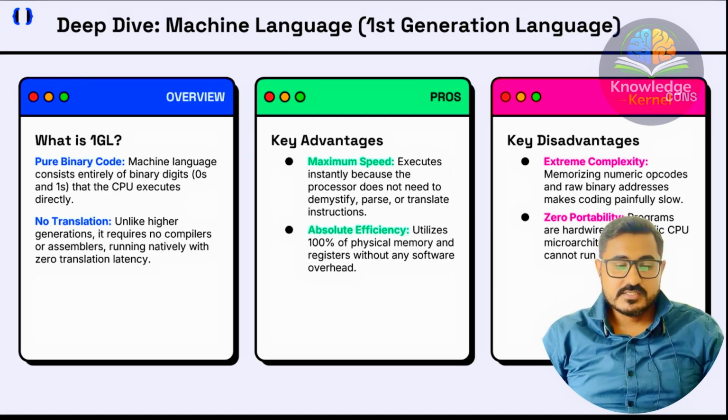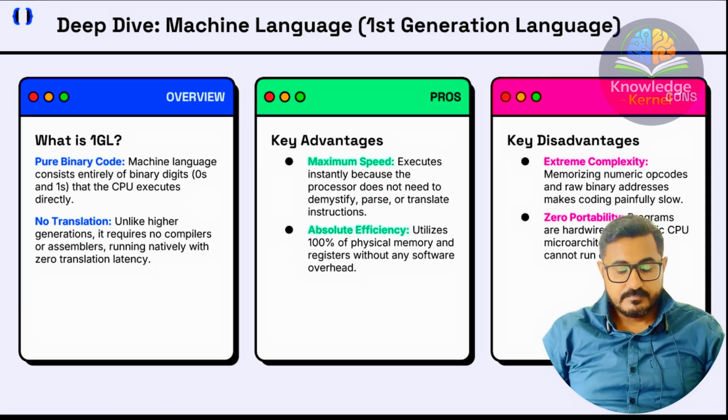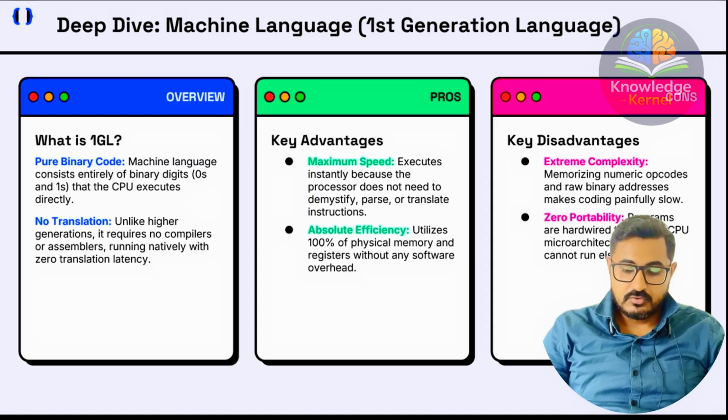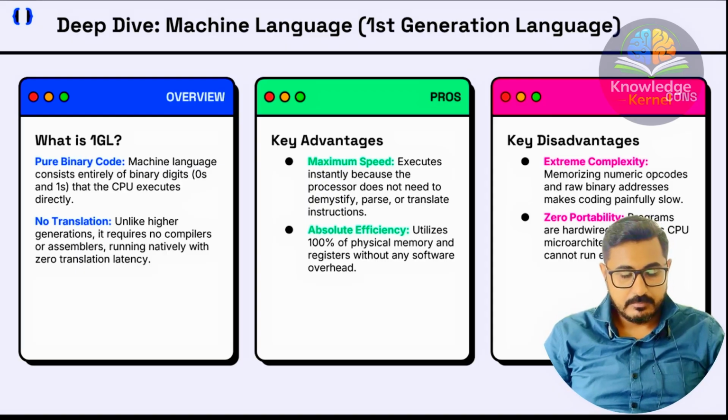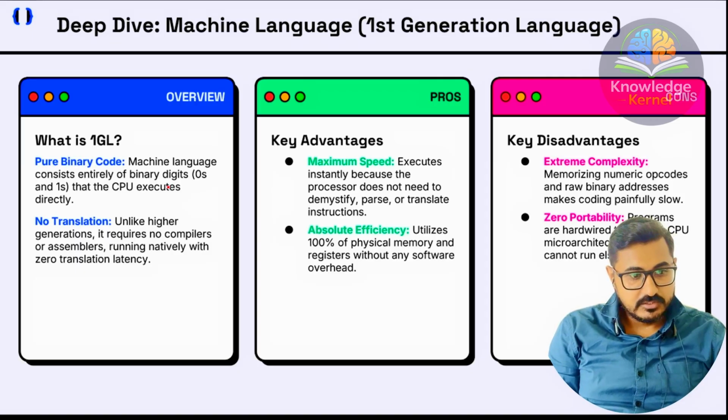Now we will discuss machine language in detail. Machine language is also called the first generation programming language, which uses purely zeros and ones. Whenever we write an instruction for a computer, or whenever we need to write a particular program, this program does not contain any of the syntax which we are following right now. Each program or each instruction is simply a combination of zeros and ones only.